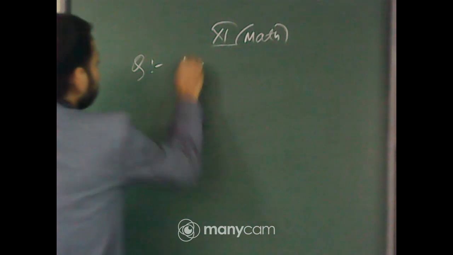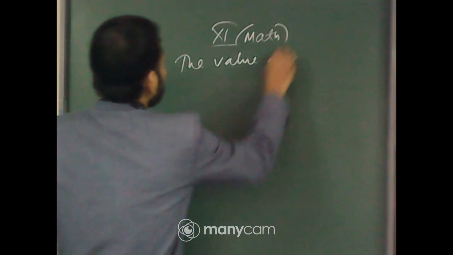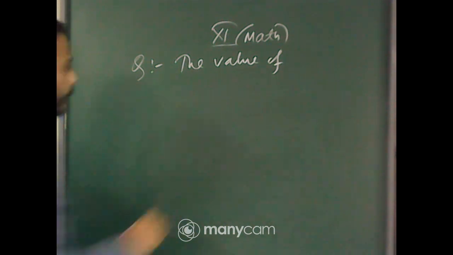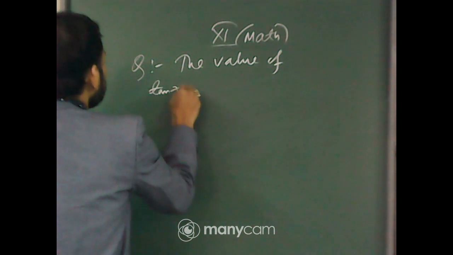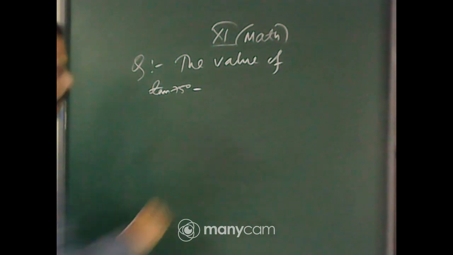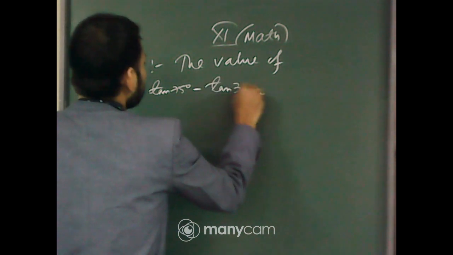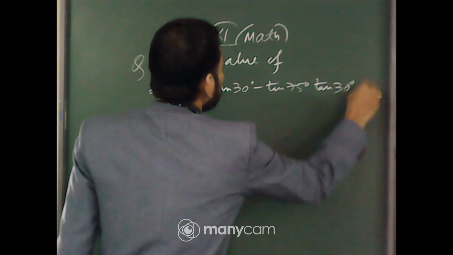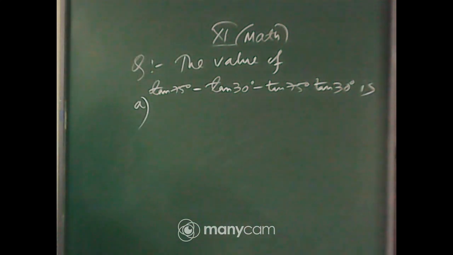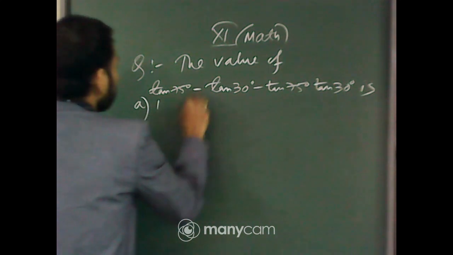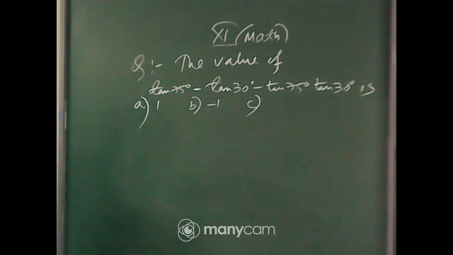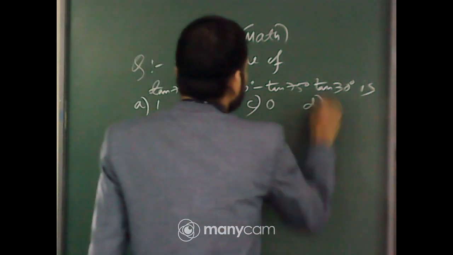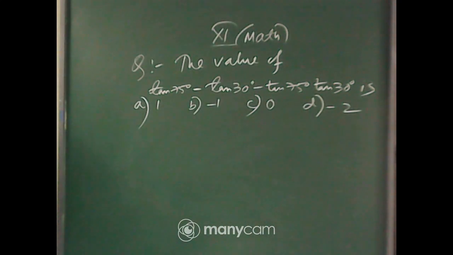The value of tan 75 degree minus tan 30 degree minus tan 75 degree into tan 30 degree is, the options are 1, -1, 0 and -2. Can you do it?